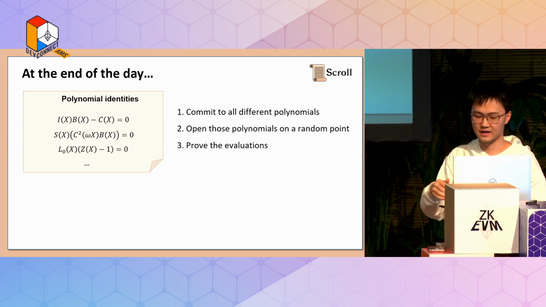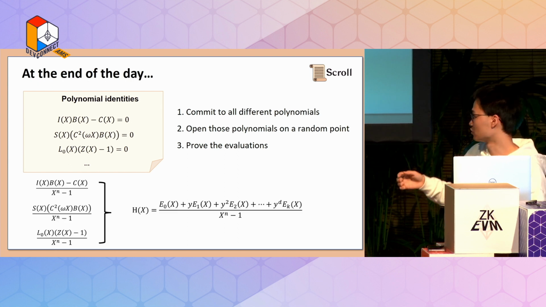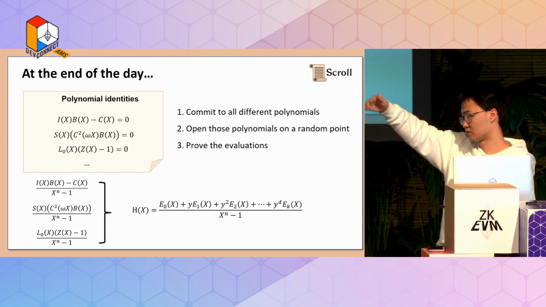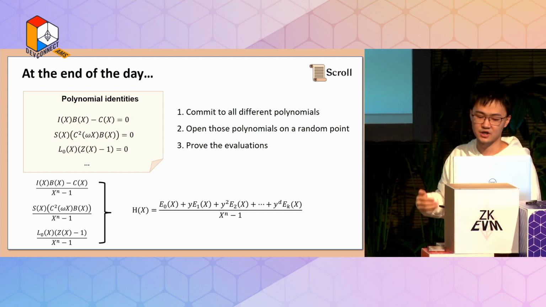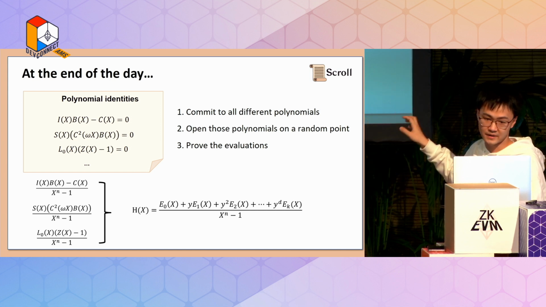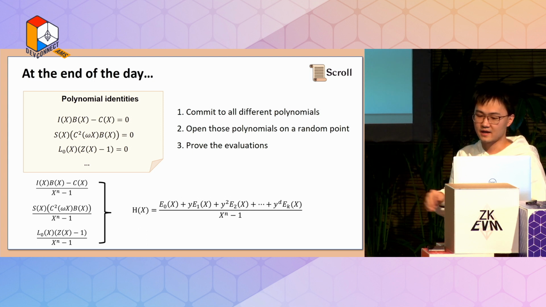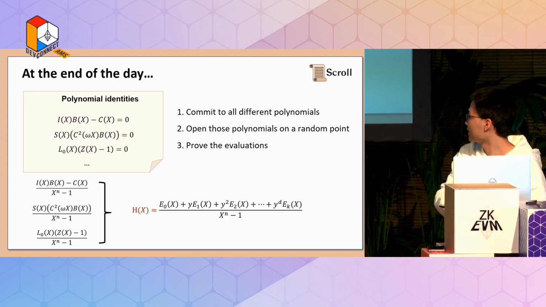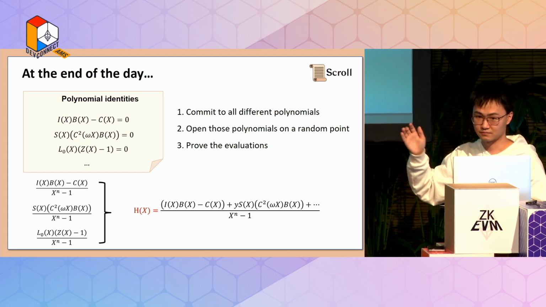Usually you need to divide by some vanishing polynomial. This vanishing polynomial defines which rows you vanish on. And because you have so many polynomial identities, you can linearly combine them to get a hx. And this hx is actually super hard to compute. This is actually the biggest overhead for the prover.